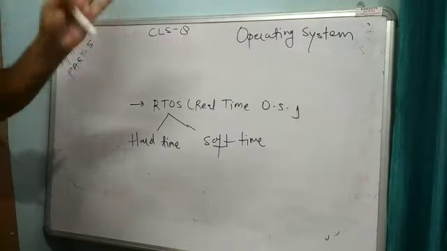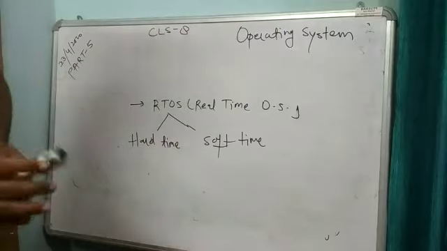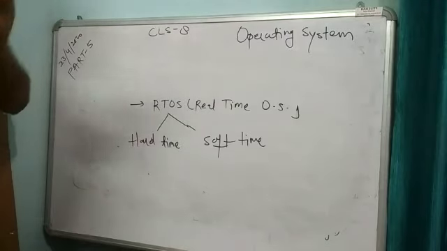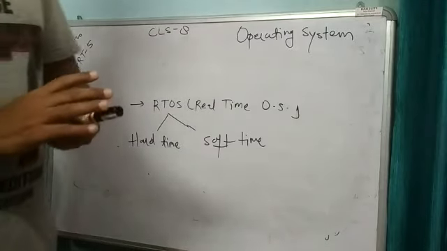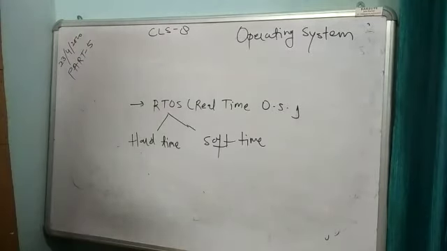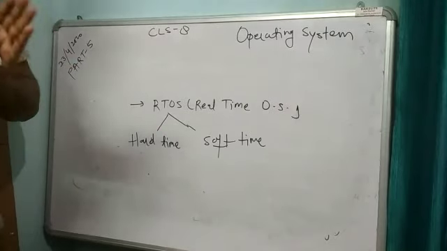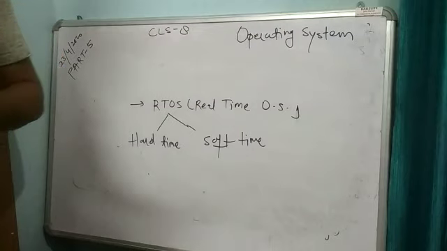So at these specific places, we use a real-time operating system. See, each and every operating system has its individual and unique significance. At different places, as per different requirements, different types of operating systems are available.